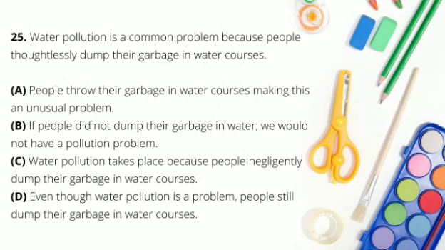Question 25. Water pollution is a common problem because people thoughtlessly dump their garbage in water courses. The sentence closest to the original is C. Water pollution takes place because people negligently dump their garbage in water courses.